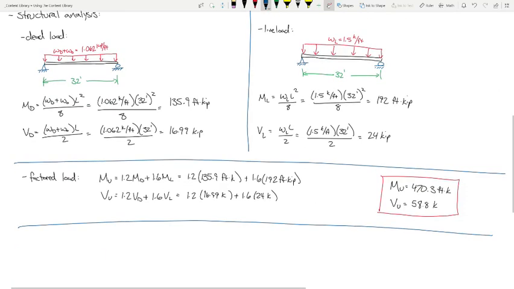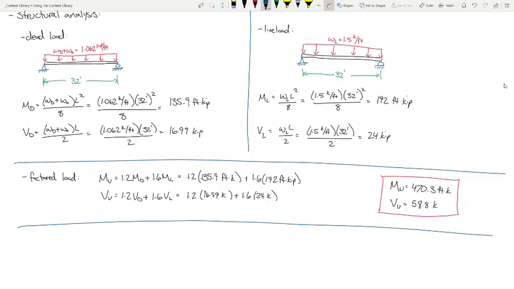All right. So, going back to this problem, let's just be clear, okay? Just to track what we've got going on: moment, shear, deflection.